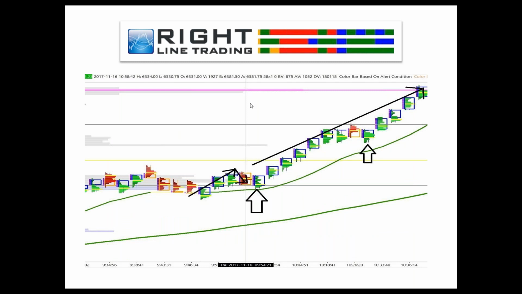Now, to give you an example of a trade, you have price coming up here, and then you have a retracement right back to the value area low. And you can see that the point of control, or this yellow tick level right here, is in the lower body of the candle.